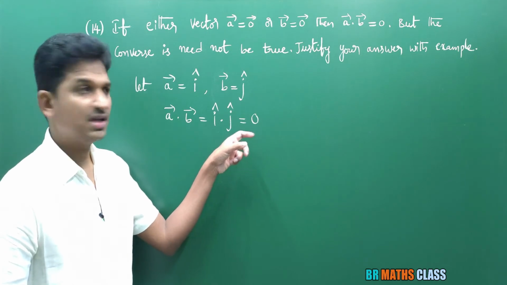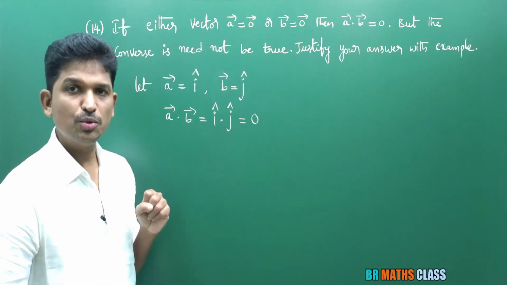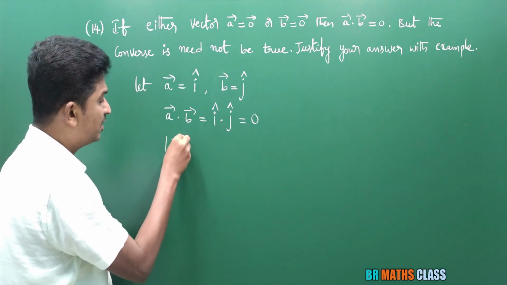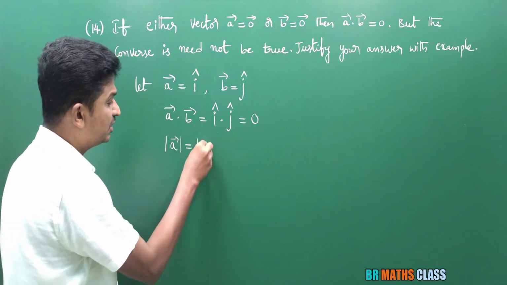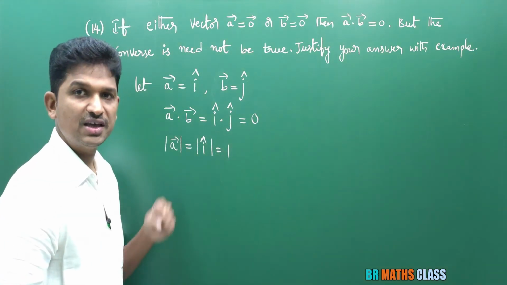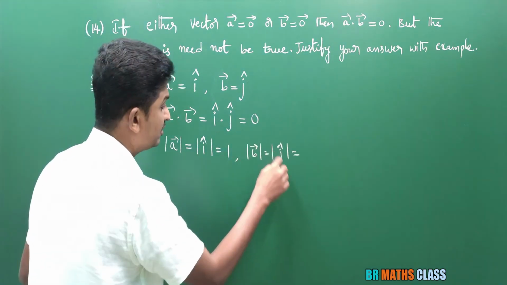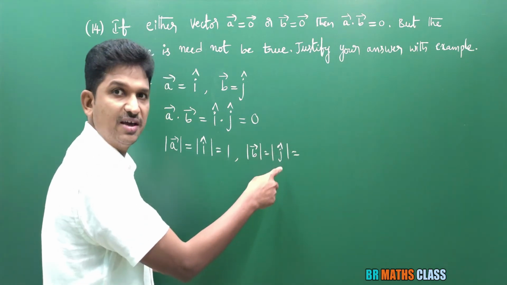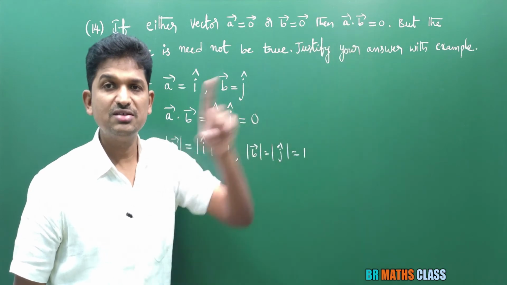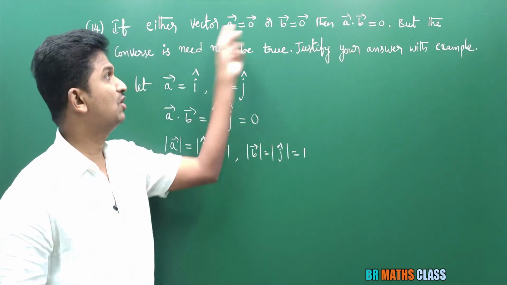Now I'll check whether any one of the vectors is 0 bar or not. As you take A bar as I cap, what is the magnitude of A bar? Magnitude of A bar is nothing but magnitude of I cap, that is 1 because I cap is a unit vector. Similarly, what is magnitude of j cap? J cap is a unit vector, its magnitude is 1. Whenever A bar dot B bar is 0, it is not compulsory that either one of them is 0 vector.